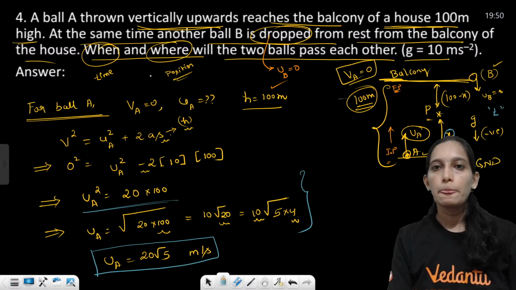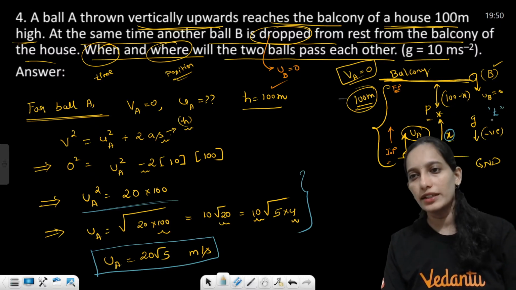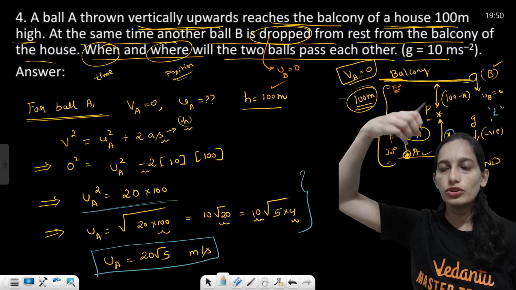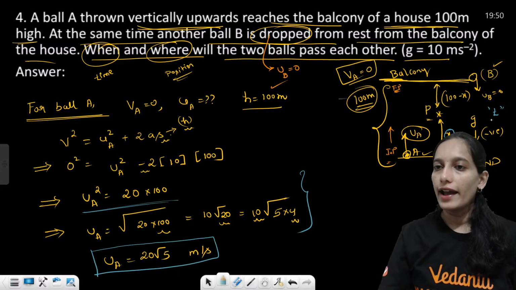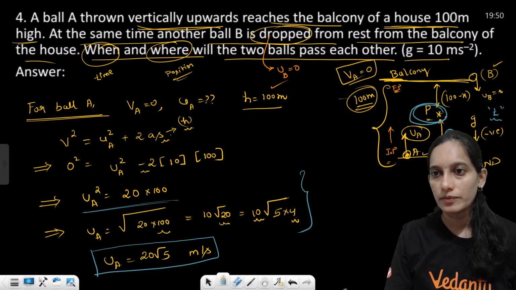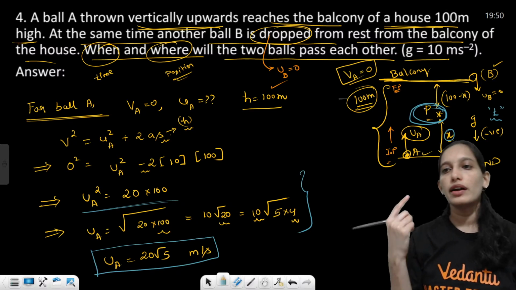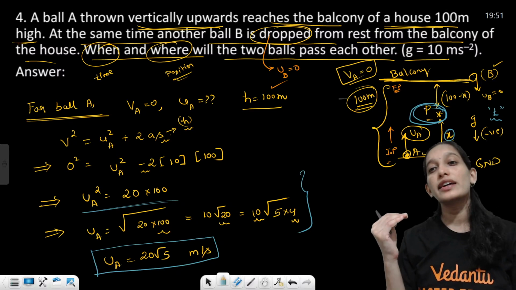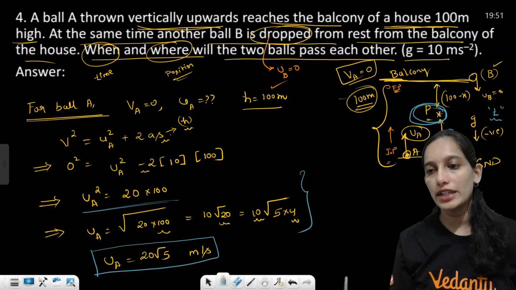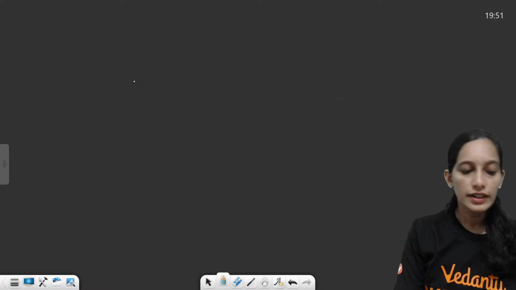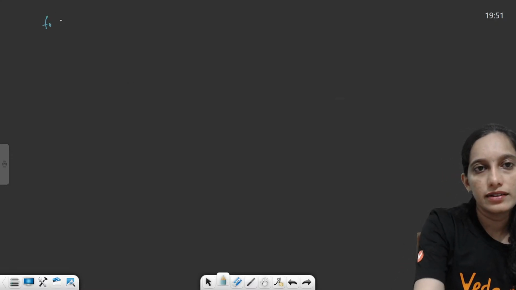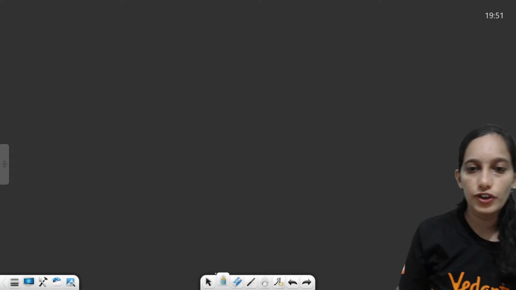So let us say at some time t, after one ball is thrown up and the other ball is dropped down simultaneously, after time t they are reaching this point p, or crossing each other. So I will write the displacement equation for both cases. First, the displacement equation for A.